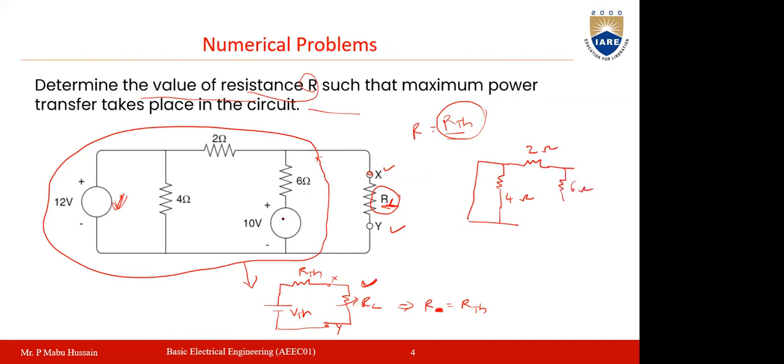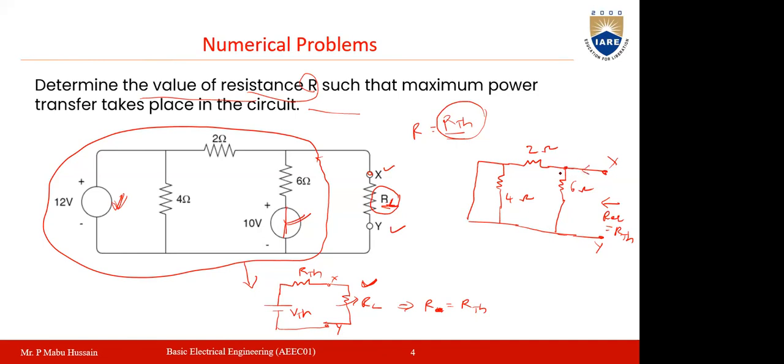Now here you have another voltage source. This voltage source again will be short circuited, so you will have a direct connection to the ground. Here you have the terminals X and Y. If you find the equivalent resistance here, that will be equal to the R Thevenin value. Let us assume that your current is coming like this.